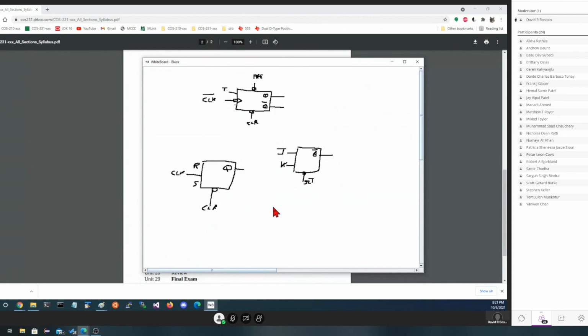What is that? And a clue, there are no RS flip-flops. Okay.